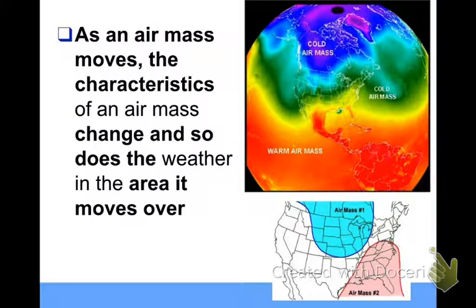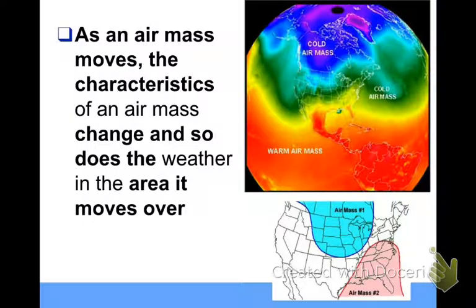Now, as that air mass continues to move, it's eventually going to not be as strong, and therefore it's going to start to warm up the further south it moves, and it's going to start to pick up a little bit more moisture. So as it moves, eventually its characteristics will change. But the main thing to take note of here is that as it moves, it changes where it goes as well, at least for the first part of its movement.